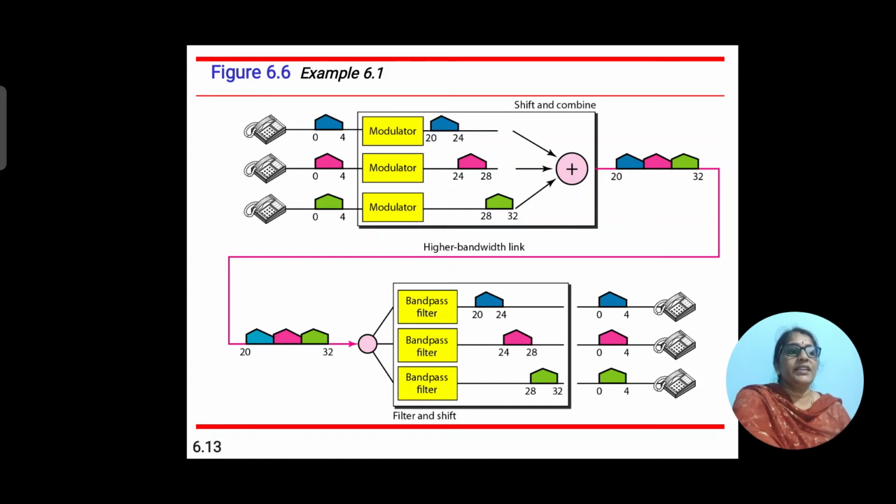As we said in the solution, we use the 20 to 24 kilohertz bandwidth for the first channel, 24 to 28 for the second channel, and 28 to 32 kilohertz for the third one.